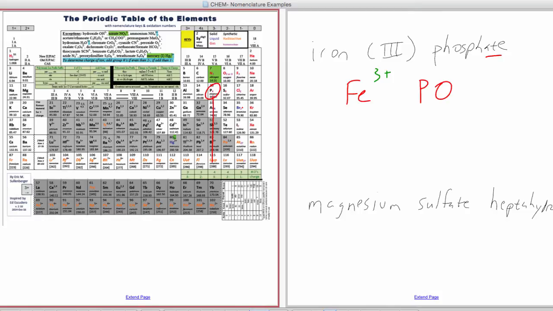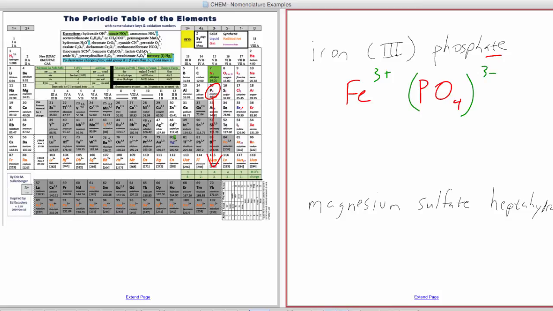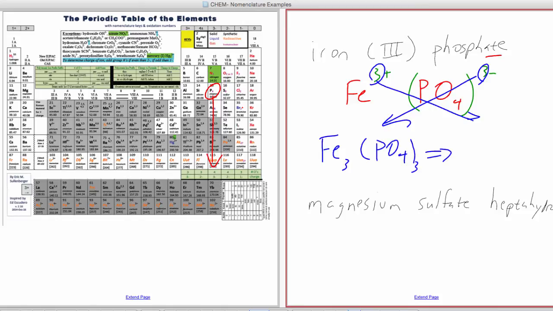Phosphorus normally has an ATE ending, so it has 4 oxygens, and it has a 3- charge. From there, we crisscross. Fe3(PO4)3, which simplifies down to Fe(PO4).